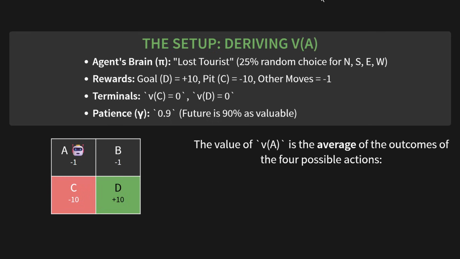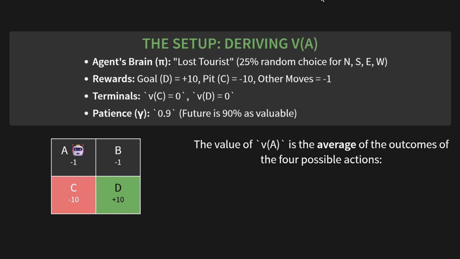Our world is the 2x2 grid. Our agent's brain is the lost tourist. It's completely random, picking any direction with a 25% chance. The rules of physics are simple. Plus 10 for the goal, minus 10 for the pit, and a minus 1 tax for every other move. And if you land in the pit or the goal, the game's over, so their own value is 0.